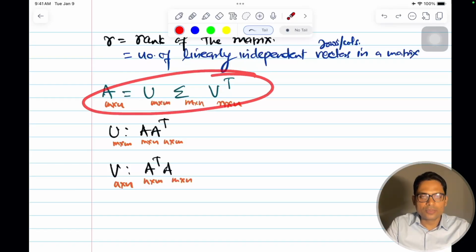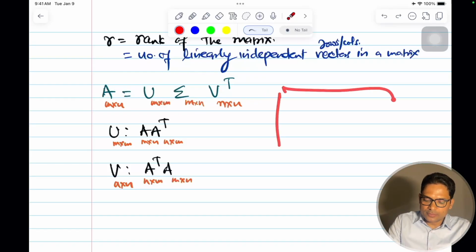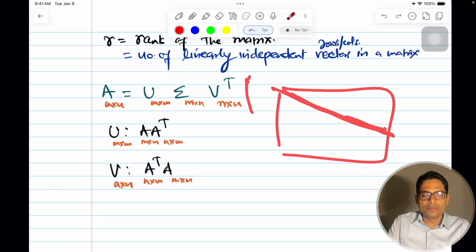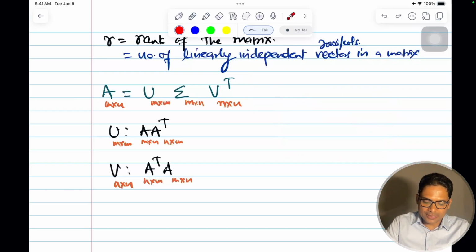The rank will be equal to the number of independent vectors. So whichever is less, M or N, we'll have that many.